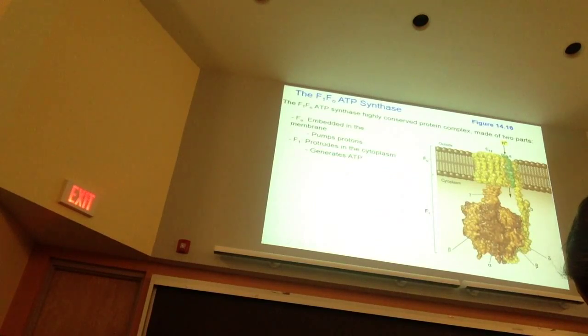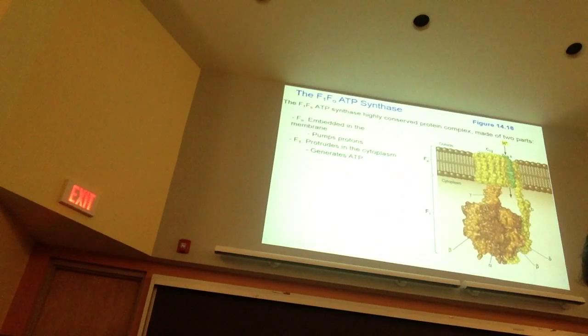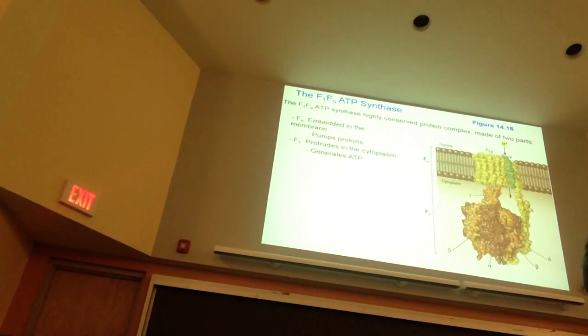So it's a massive multi-subunit enzyme, but it's got 2 main subunits, the F0, which is embedded in this membrane, and then the F1, which is then aimed to the inside of the cell and is in the cytoplasm of the cell. So remember, always orient yourself when you see a membrane, what's the inside, and what's the outside.